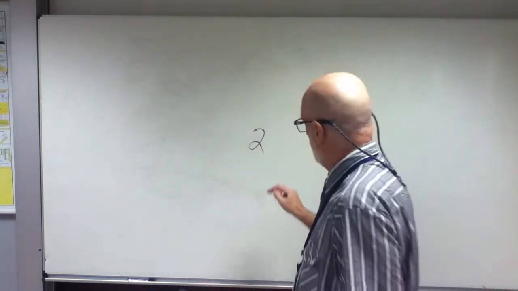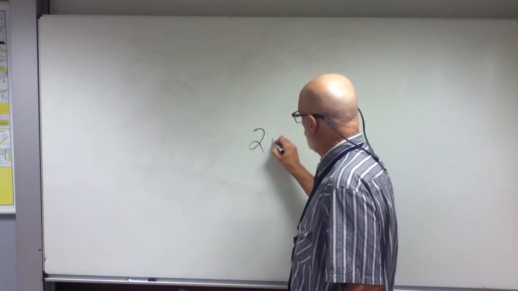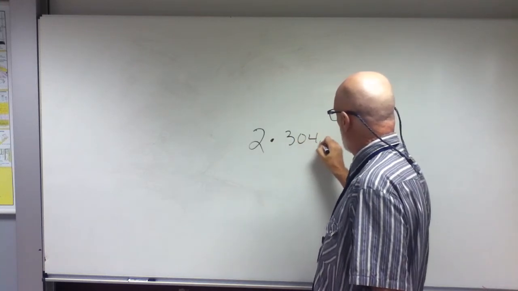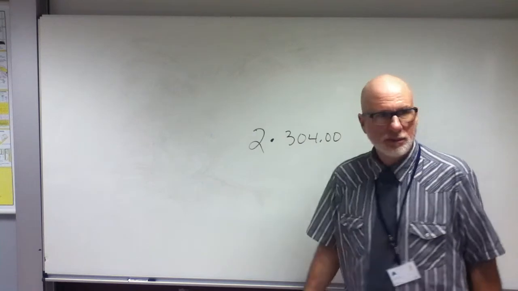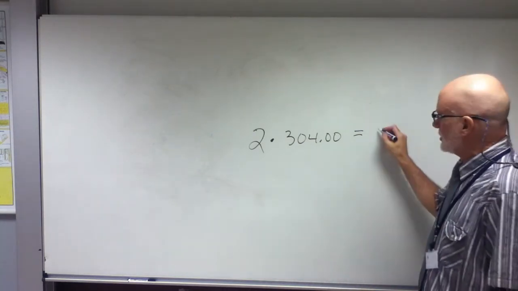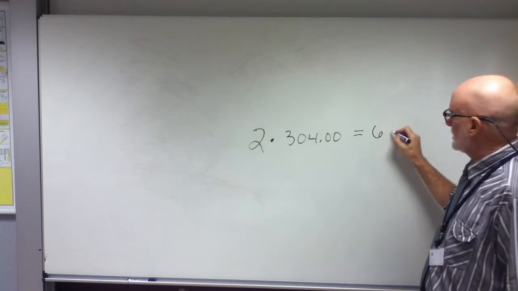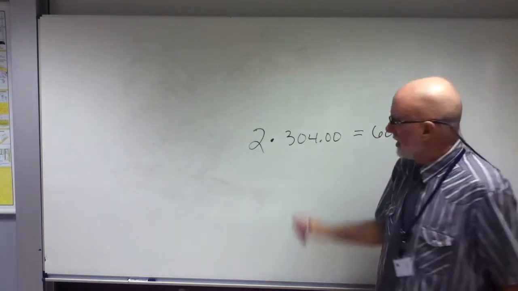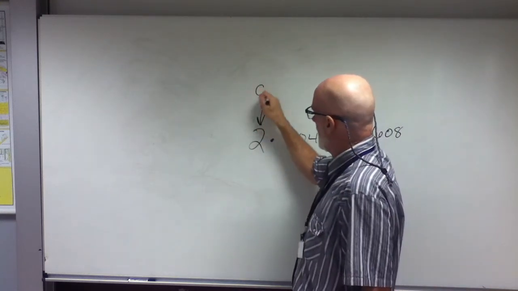So if I have 2 times 304.00, how many significant figures are in my answer? Mathematically, it would be 608.00. How many significant figures? This is counted.